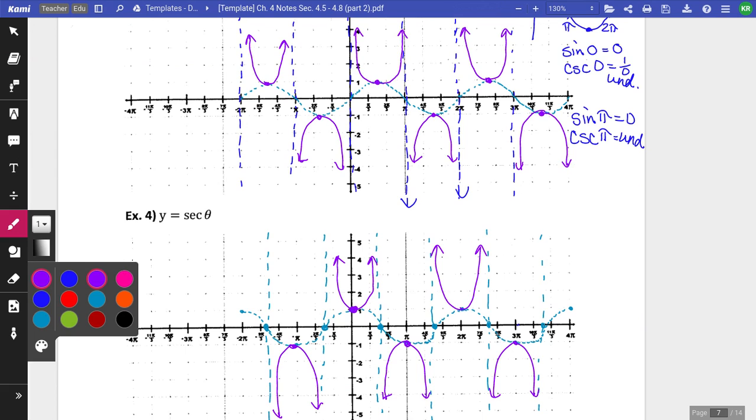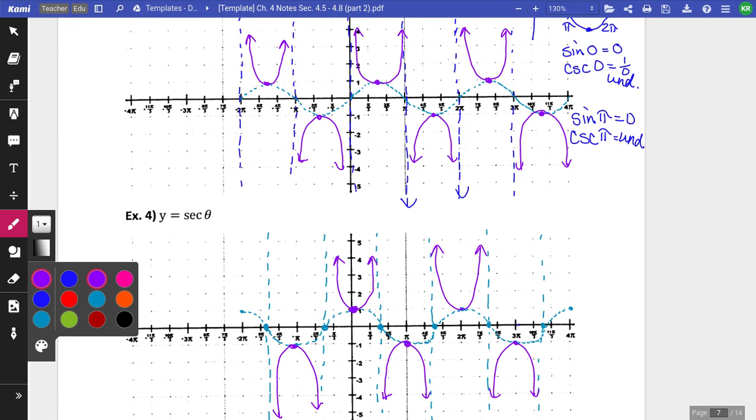So really, that's how I graph secant and cosecant. I think about the same thing as a sine or a cosine, and then I sketch in my asymptotes and find my high points and low points, and that's where your parabolas are going to sit.